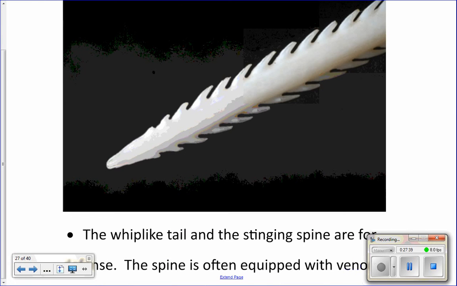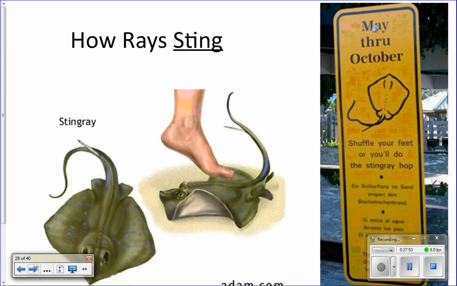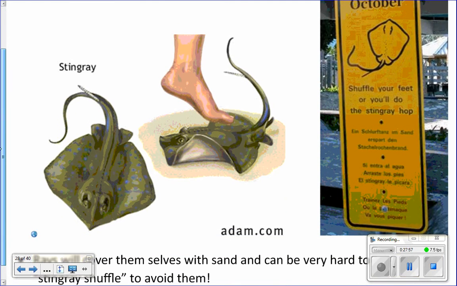So rays will use this for defense. If they feel threatened, they'll whip their tail up, and that tail will have this spine in it that they will use to stab and hurt you and defend themselves. So here's a picture for you. Here's the stingray spine, and if you step on them, this is how you get stung.